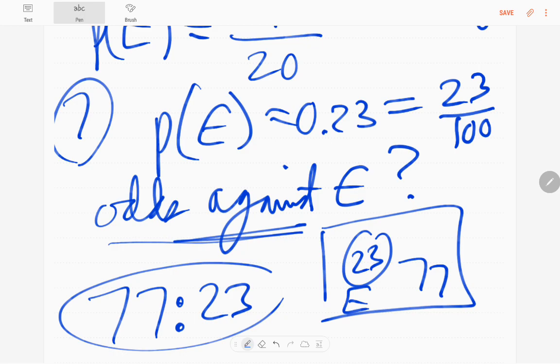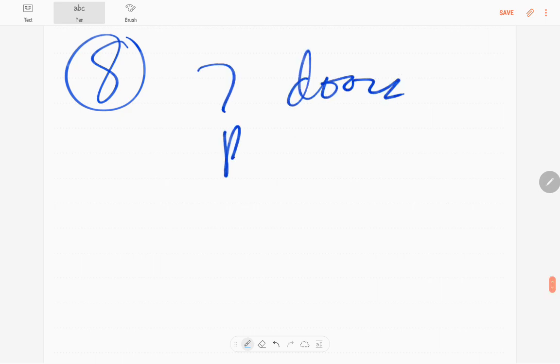Let's try number 8. A television game show has 7 doors, of which the contestant must pick 2. So 7 doors total. We pick 2. Behind 2 of the doors are expensive cars, and behind the other 5 are consolation prizes.